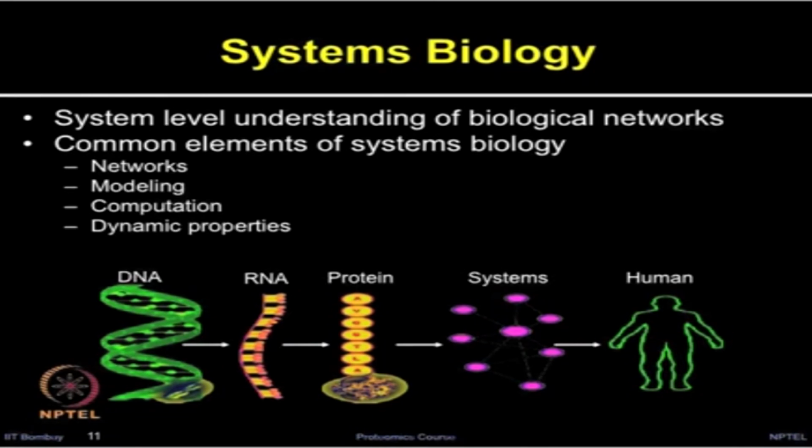As you can see, from DNA to RNA to proteins forming systems, and then that information can be applied to understand a complex system for different organisms. The biological information is represented by the networks of interacting elements and dynamic responses to the perturbations.